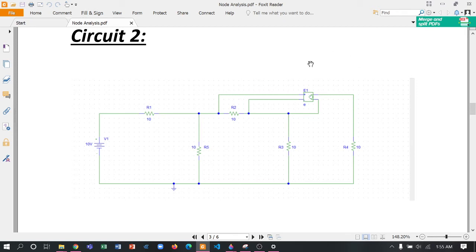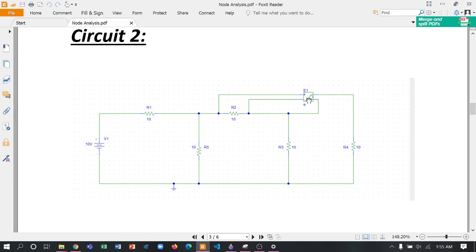So when a voltage source is present in node analysis, this is really a problem, and we have to go to the supernode approach. So what is a supernode? Supernode may seem a really new topic, but it is a really easy way to solve this problem. So what is a supernode?